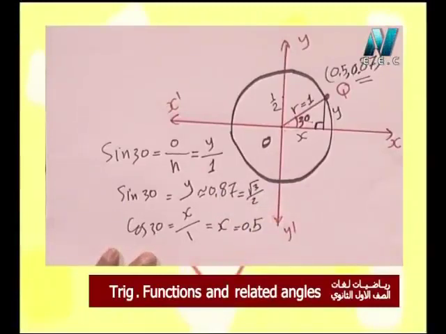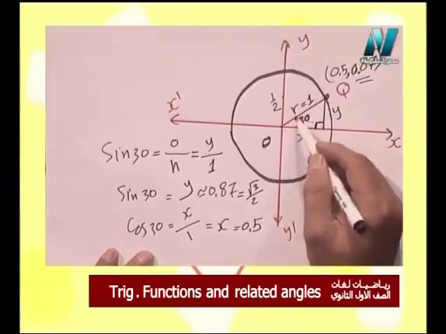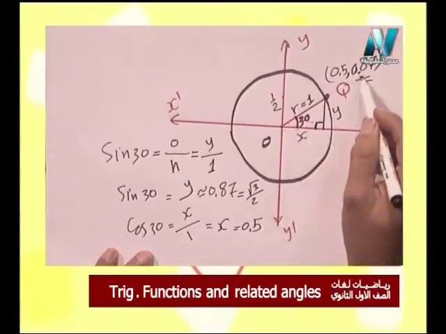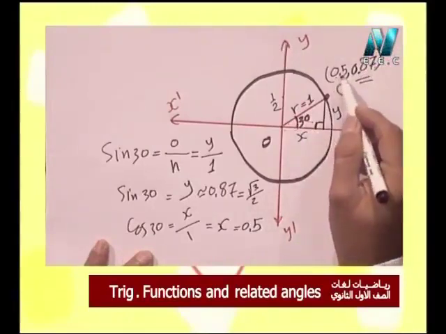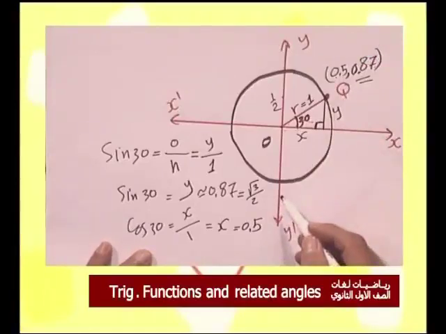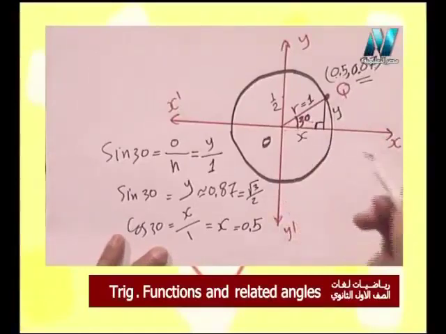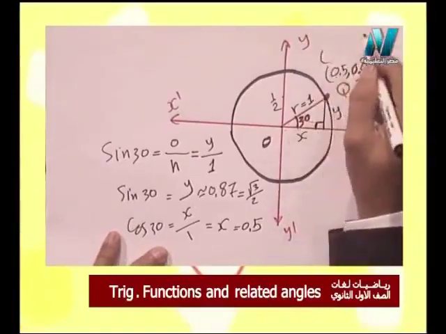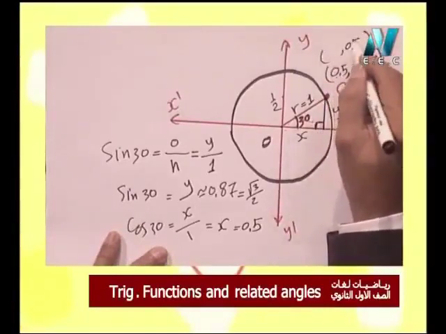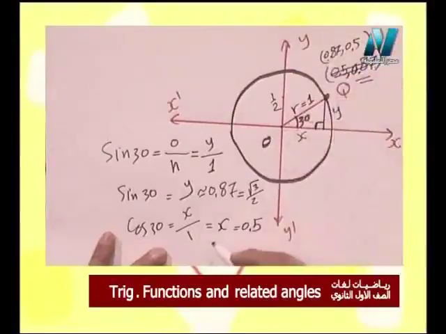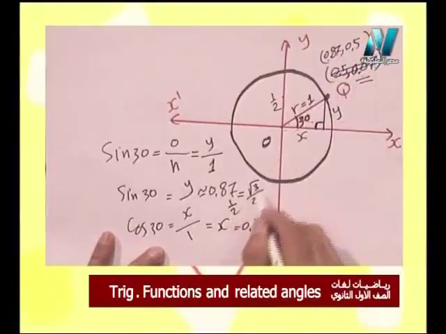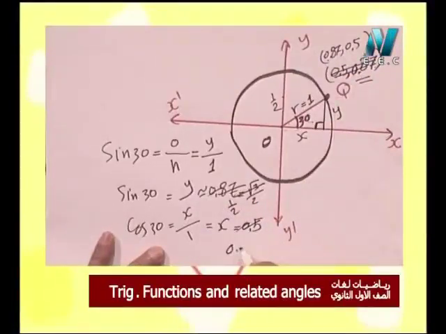Sorry, I exchanged it: 0.5 here and 0.87 here. So sine 30 equals half and cosine 30 approximately equals 0.87, or root 3 over 2.